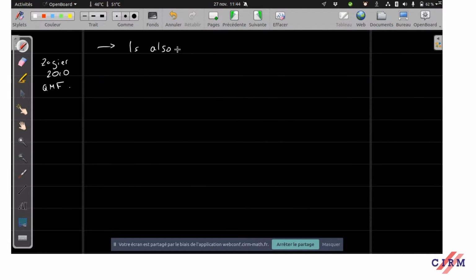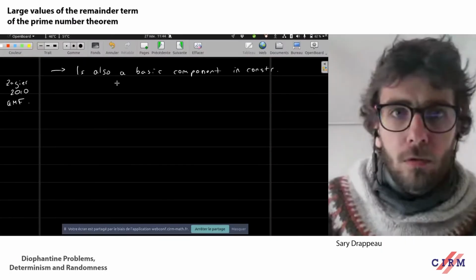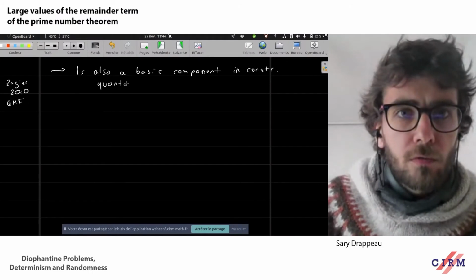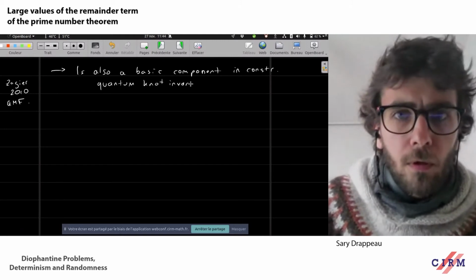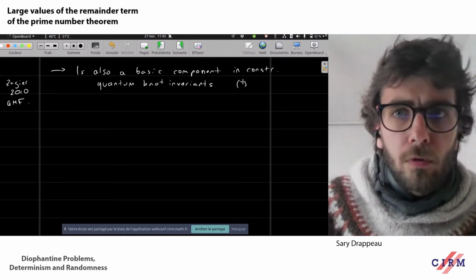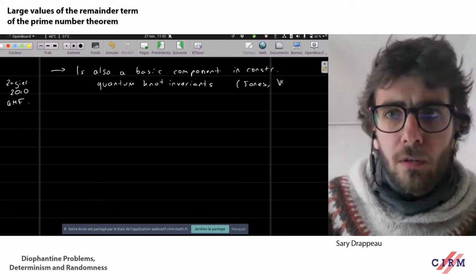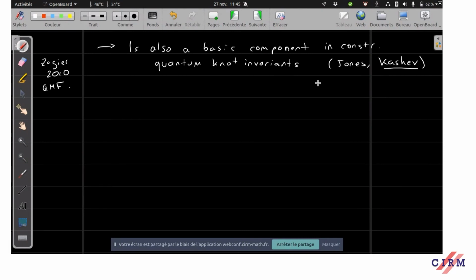So I'll say it. The q-Pochhammer symbol is also a basic component in constructing quantum invariants, quantum knot invariants, and not only for knots, but so Jones, and for us a name which is associated with this in knot theory is the Kashaev invariant.